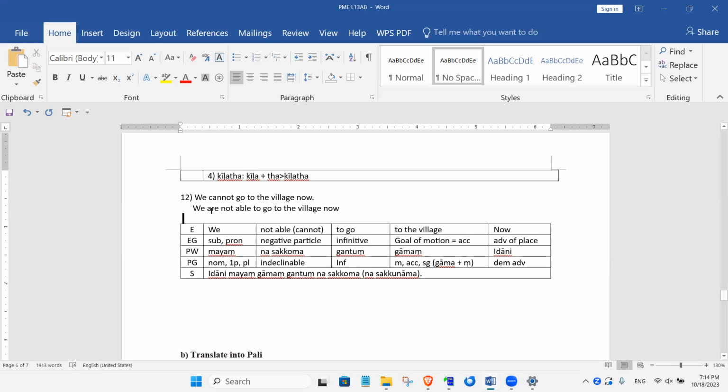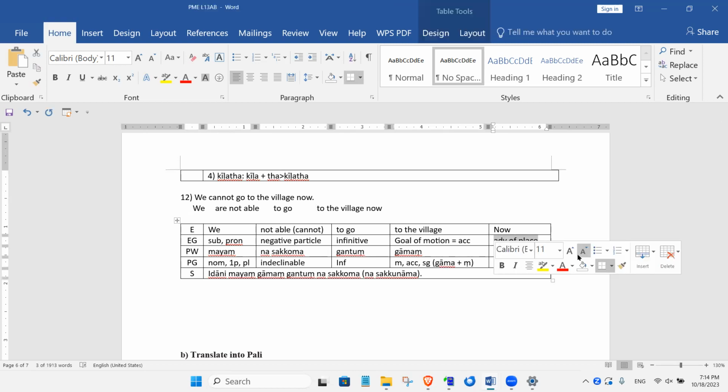So we, subject, are not able, na sakoma, right? Now the object is village, right? Then to go, tum, infinitive, gantum. Now, idani, for this time, this "not able of time", okay?